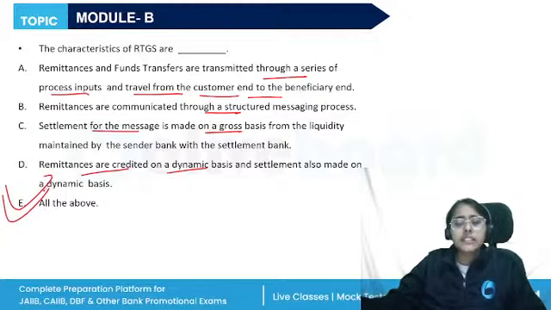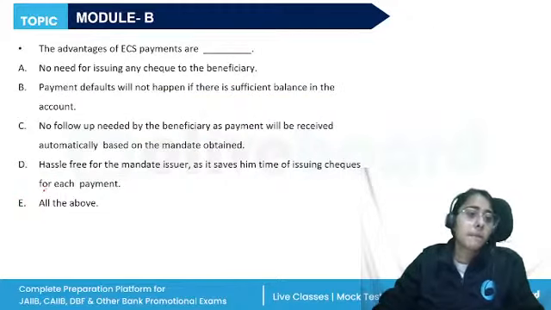Then a structured message is created under the RTGS, authenticated and communicated to the payment system gateway. The messages will be received, authentication will be done, and the beneficiary bank will send a message for the credit of the beneficiary. All right. So, all of these are the characteristics of RTGS.